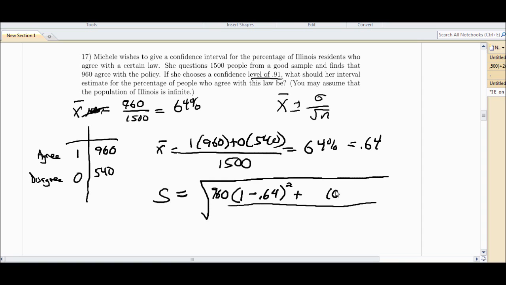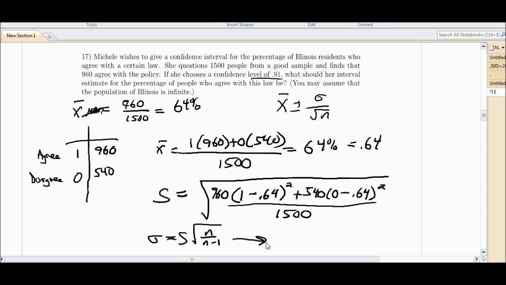Then we're going to do 0 minus 0.64 squared, but we have to do that 540 times. You multiply all that out, add it, and then divide by 1500. You're going to get a number here. This number is S. Well, you need to find sigma, which uses this formula.